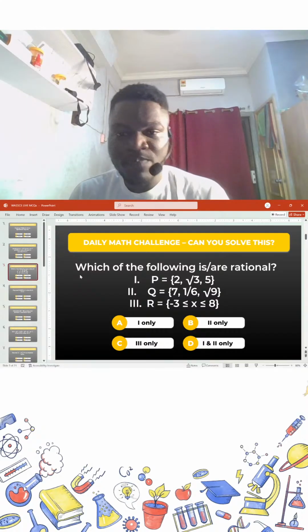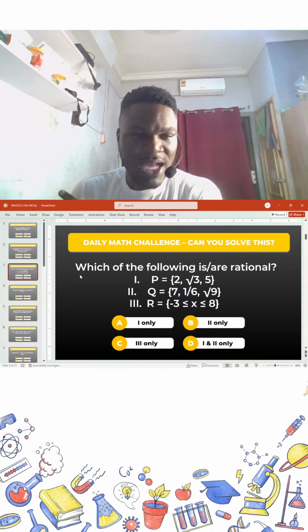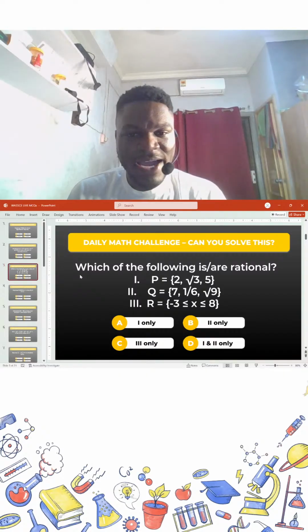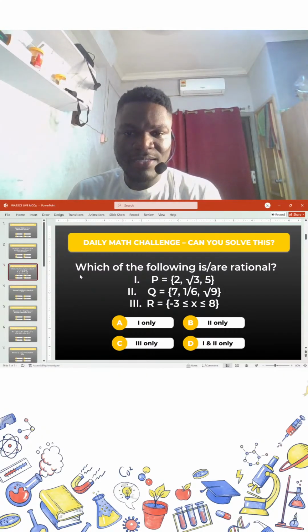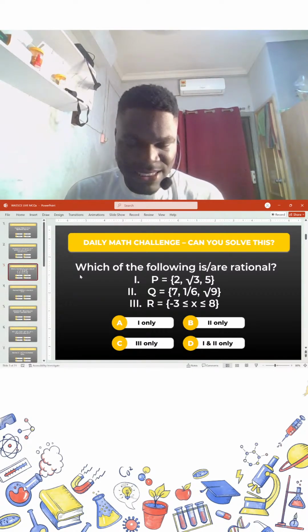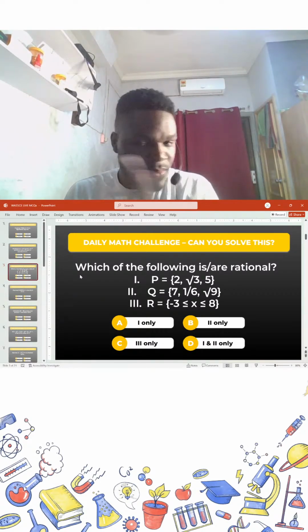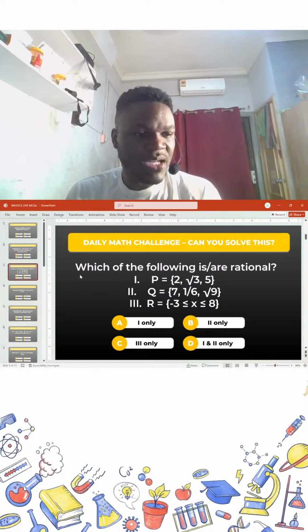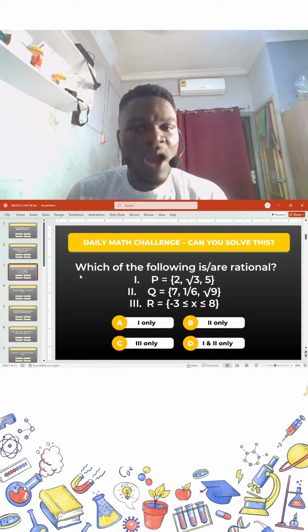So we have Q, which is equal to 7, 1 over 6, and root 9. And then we have R, which is negative 3 less than or equal to X, less than or equal to 8. Okay, so these are the possible options that we have. We have to identify which of them is or are rational.